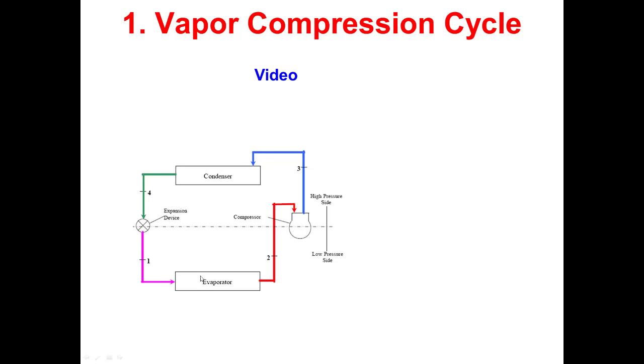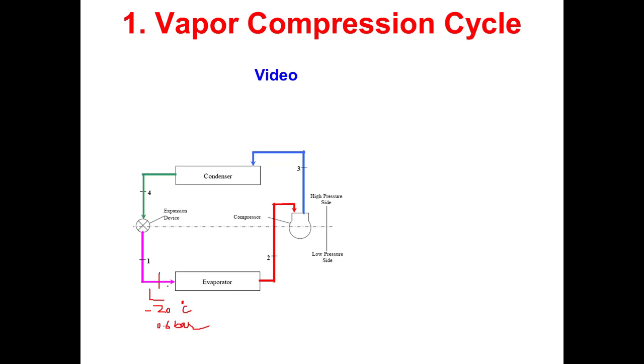Now in case of the evaporator, the liquid refrigerant, let's say at minus 20 degrees C and at let's say 0.6 bar pressure, this pressure is a gauge pressure, enters into the evaporator, so it absorbs heat.